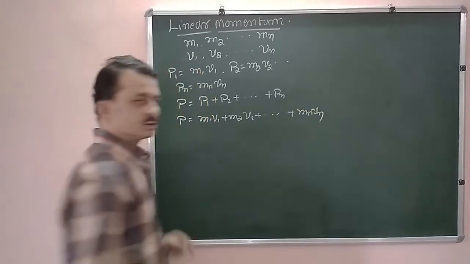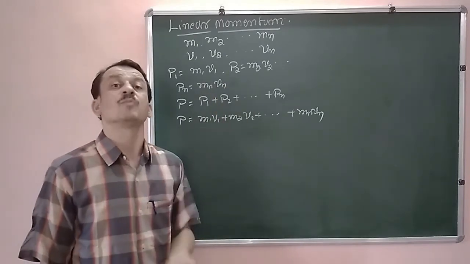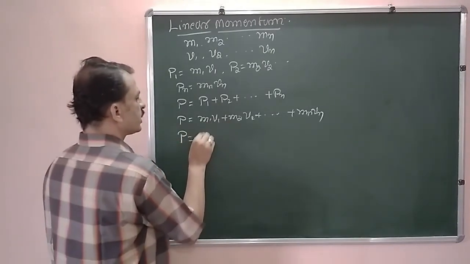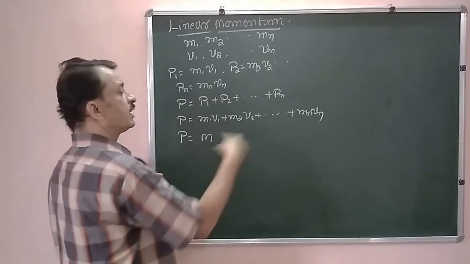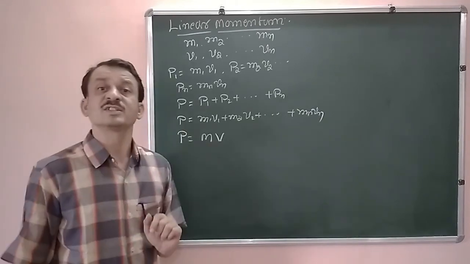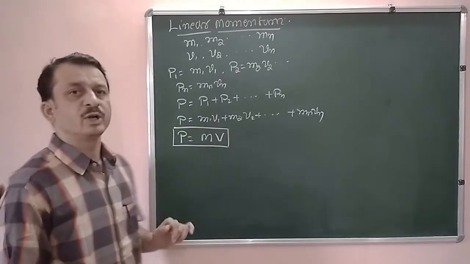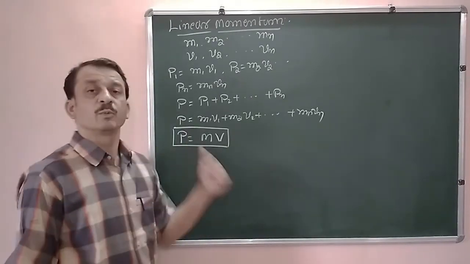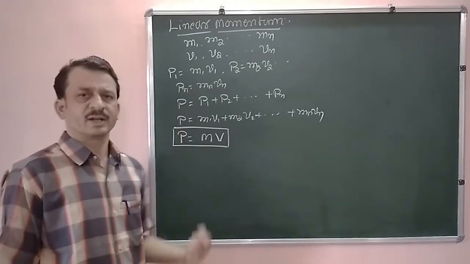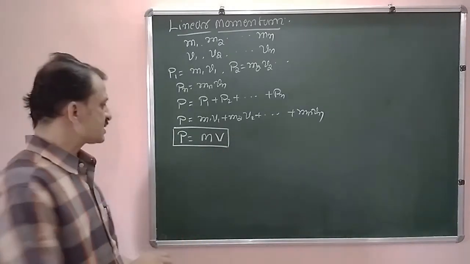We obtained this expression while studying the motion of the center of mass. In that expression this is replaced by capital M, the total mass of all the particles, and capital V, the velocity of the center of mass. So P is equal to M into V, which gives the linear momentum of the center of mass, where M is the total mass of the system of particles and V is the velocity of the center of mass.